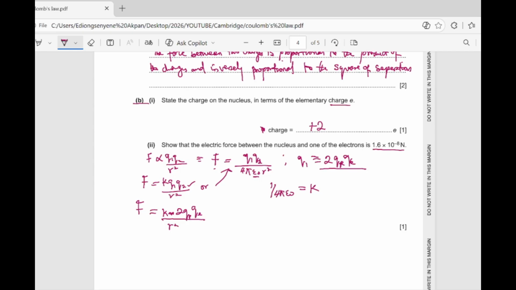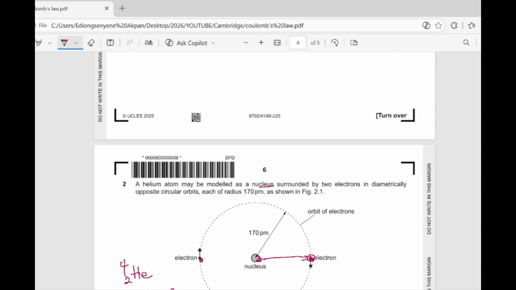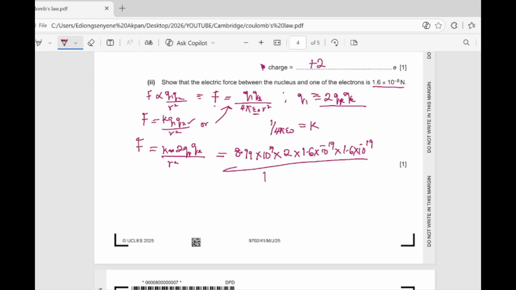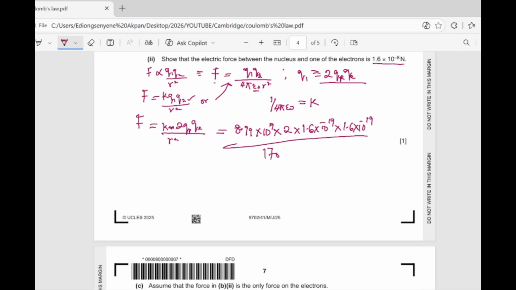We come to this place: k, the 8.99 times 10 raised to the power of 9, times 2 times the charge of proton, 1.6 times 10 to the power of minus 19, times the charge of electron, 1.6 times 10 to the power of minus 19, divided by the radius 170 pm, that is 170 times 10 to the power of minus 12, which is for pico there, squared.